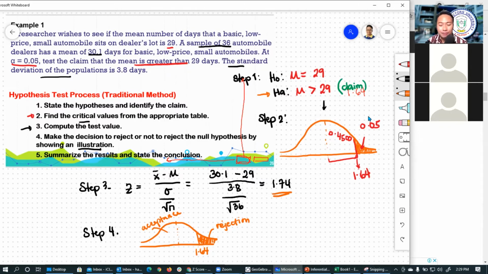I'm going to ask one person, what's going to be our decision for step 4? Do we accept the null hypothesis or reject the null hypothesis? Romulo Balansag. You can type your answer. You can place yourself on mute. I hope Romulo is there.